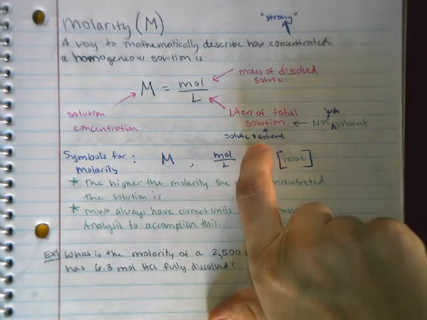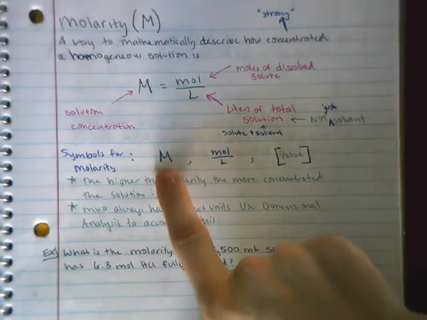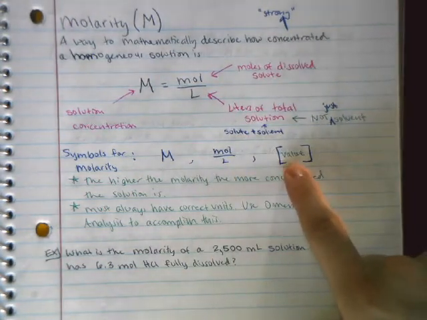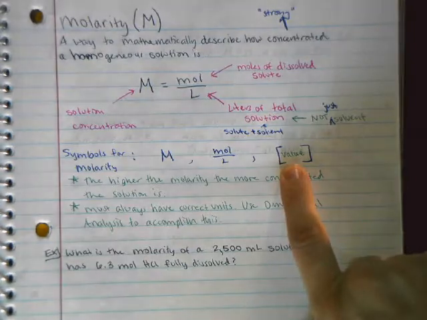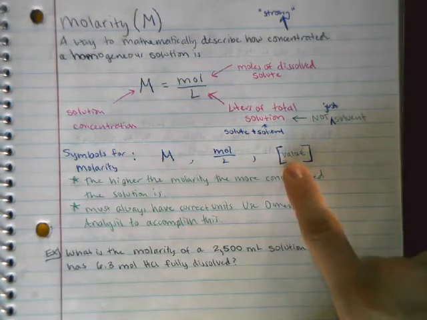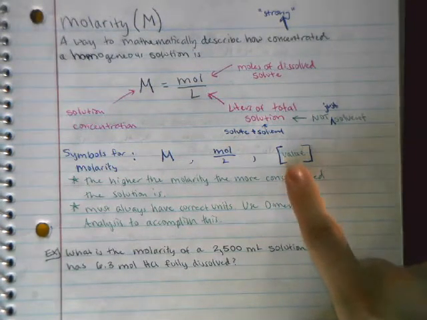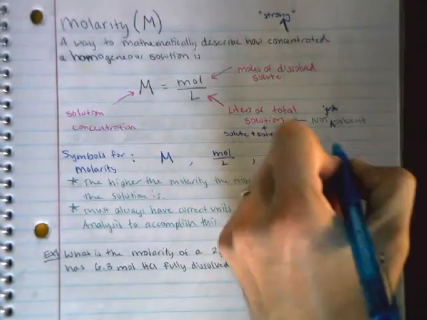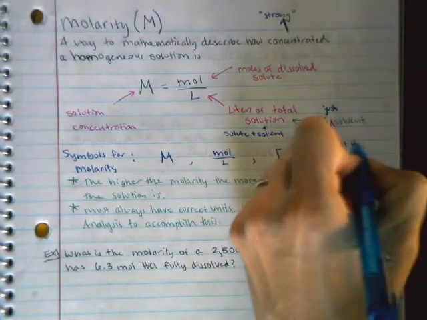Okay, so symbols that you're going to see: big capital M, again for molarity. You might just see it written as moles per liter also, and that's totally fine. You might also see it written as just a number, which would be the concentration, in hard brackets like that. That's another way that this is represented. So if I had a 2 molar solution of HCl, you might see it written like this, 2 molar HCl.